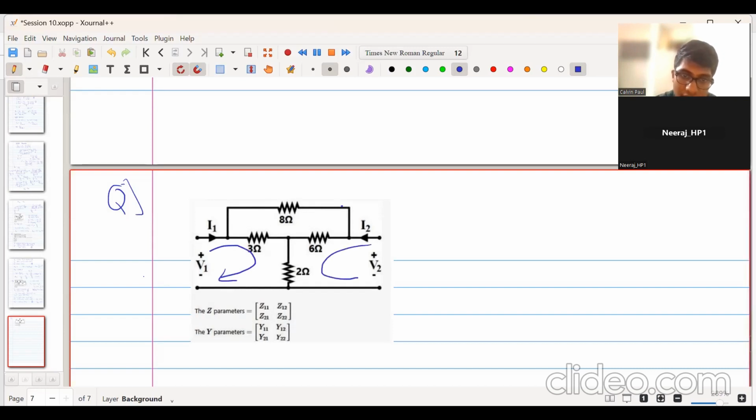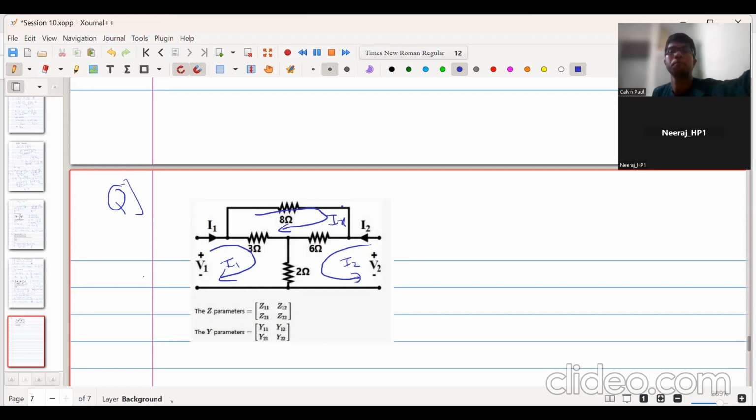There is another current like this, and there is a current like this. This current is Ix. This current is I1. This current is I2. So can you tell me what is the current through the 3 ohm resistor? Through the 3 ohm resistor, what is the current flowing through the 3 ohm resistor?